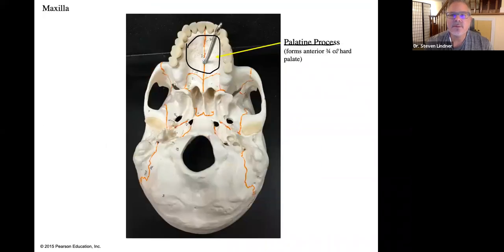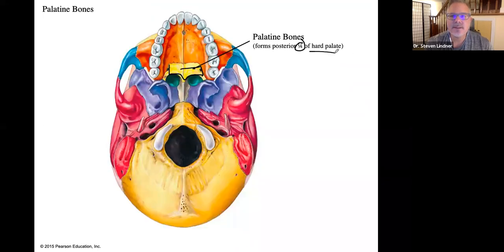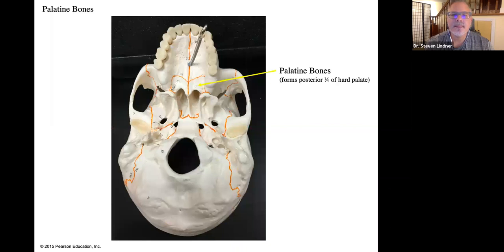So here was the palatine process, and here's the palatine bones, the posterior portion, the yellow portion. Again, back here. This is the 3/4, and this is the 1/4 palatine bone.